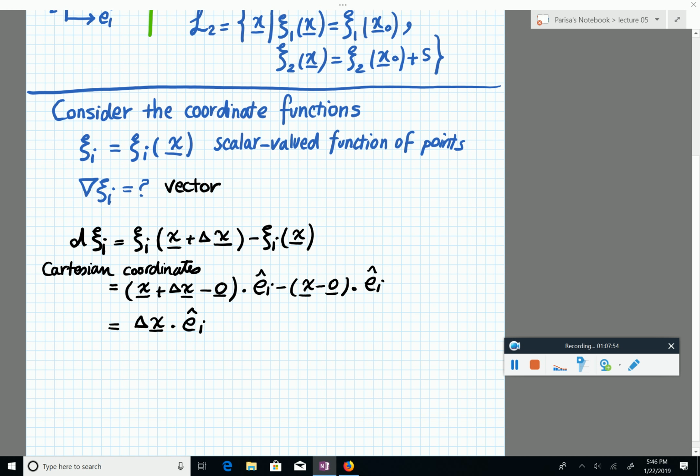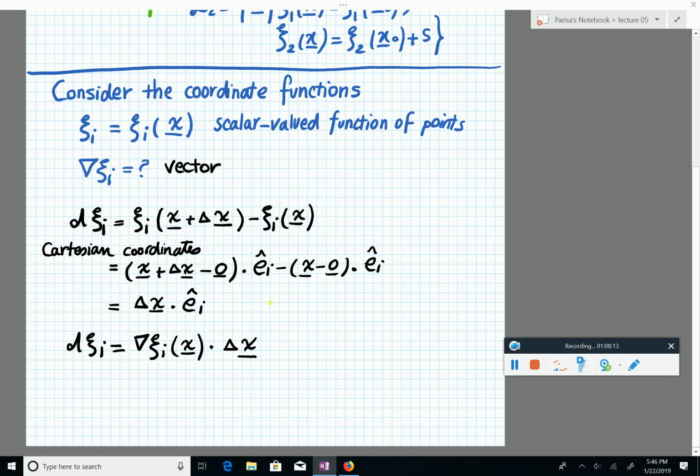And we learned that the differential is the gradient. That's what we are looking for. This is what we learned earlier for a scalar valued function.